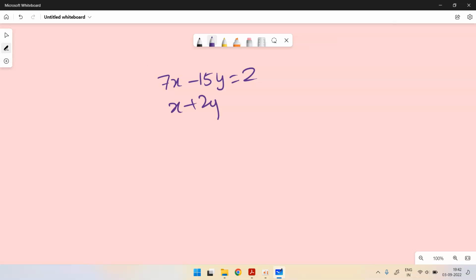Now you need to use the substitution method. So how will we substitute? This is equation number 1 and this is equation number 2.